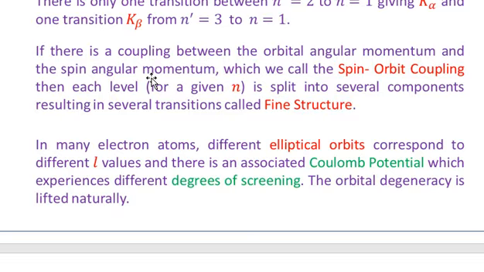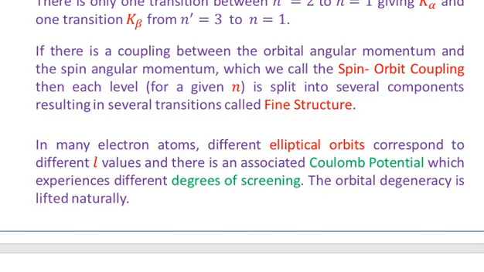Or equivalently, orbital angular momentum and the spin angular momentum. If there is a coupling between these two quantities, which we call spin orbit coupling, then due to this coupling there will be a further splitting of each level, and those splittings are called the fine structures.